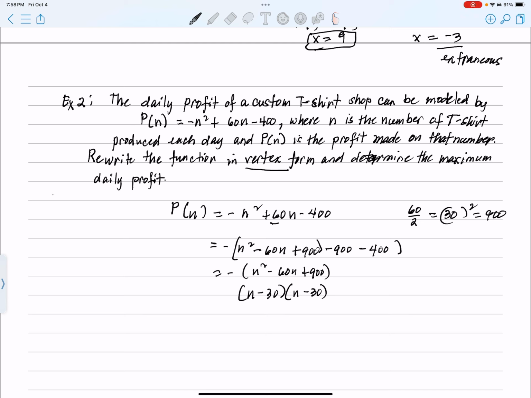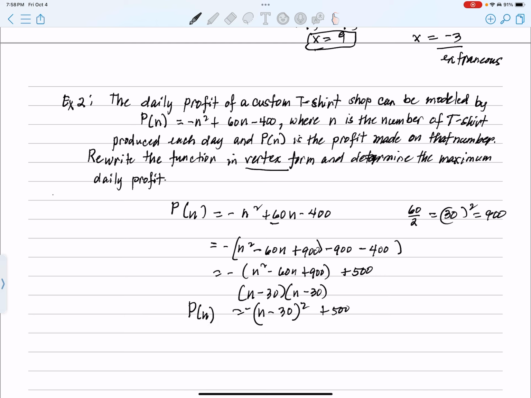It will be negative, that's positive 900 minus 400. So it will become plus 500. So negative (n minus 30) squared plus 500. Okay. So this is your vertex form this time.